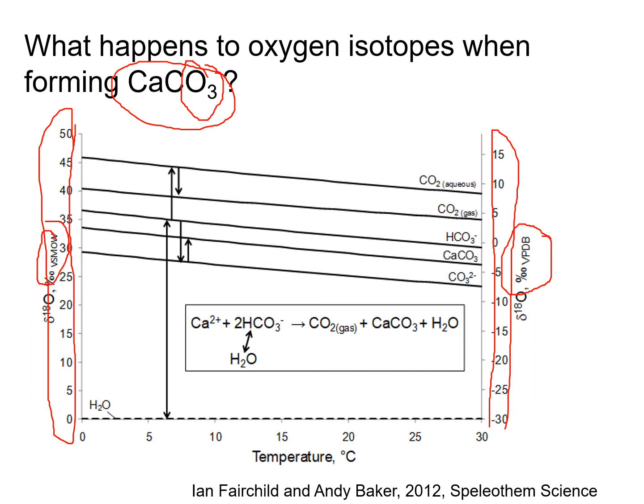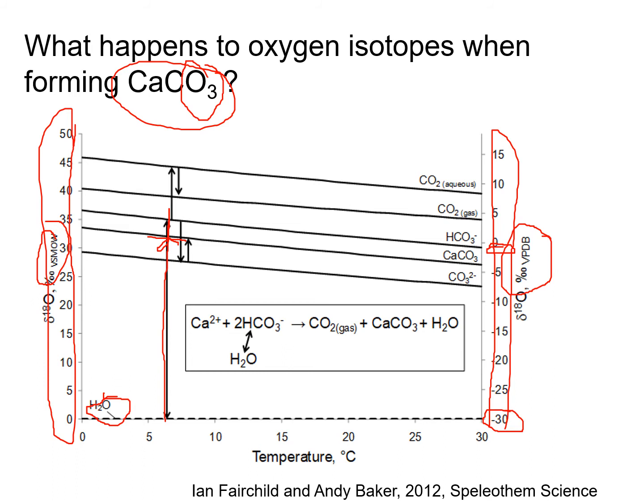The other thing I want to point out in this graph is that when you go from water here and you form calcium carbonate, which is that line here, the isotopic composition changes. It goes from a relatively light value in the water to a relatively heavier or more positive value in the carbonate. So there's a fractionation process again.